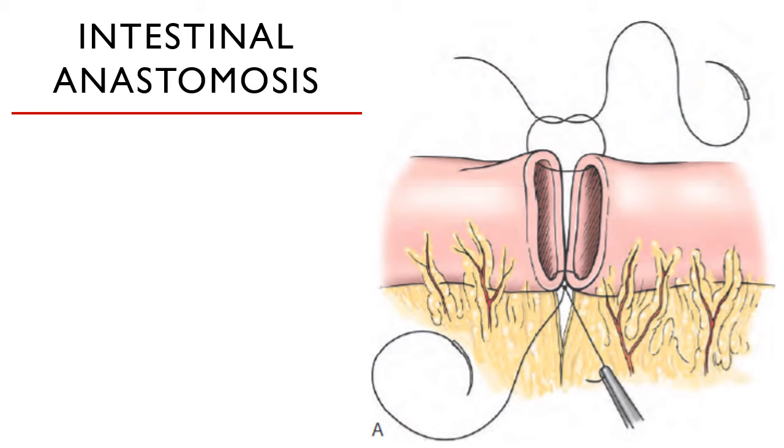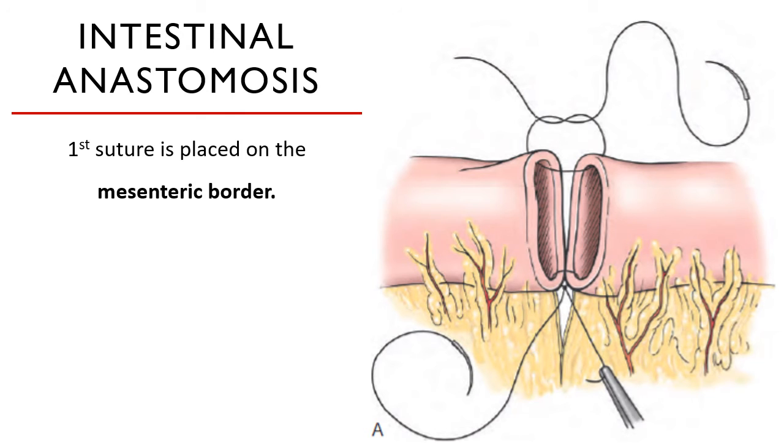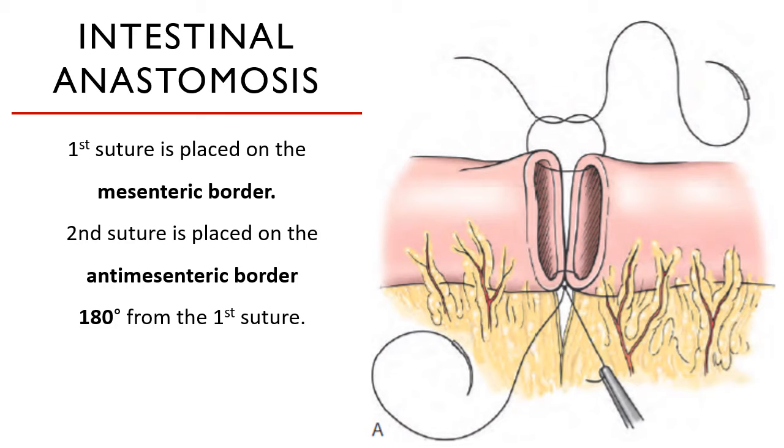You start apposition with two simple interrupted sutures. The first one is placed on the mesenteric border. All right. These are penetrating suture bites. You just place a simple interrupted pattern here. And then another suture bite, another simple interrupted suture on the anti-mesenteric border.